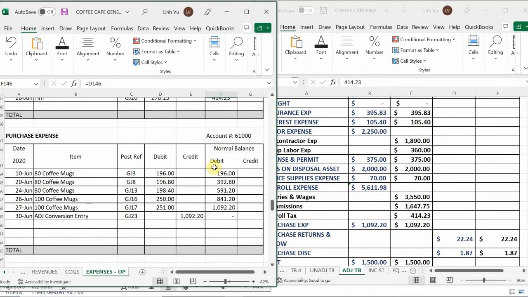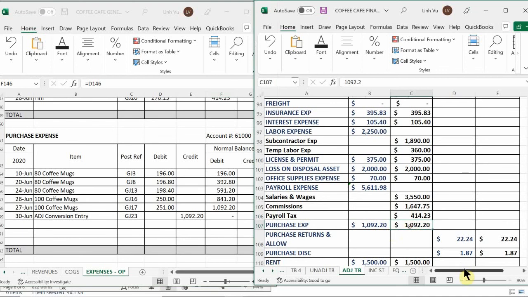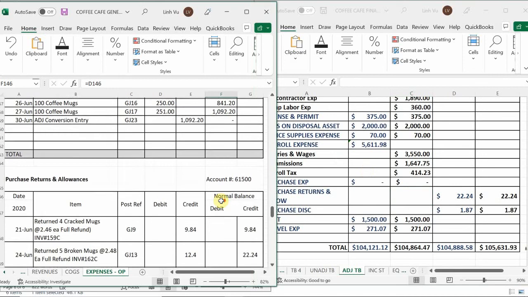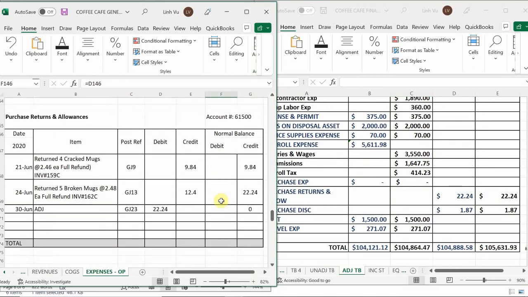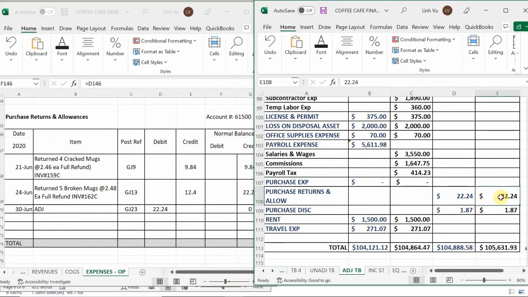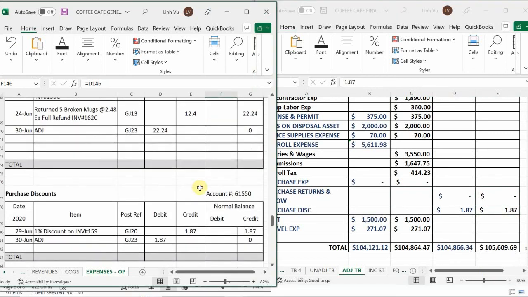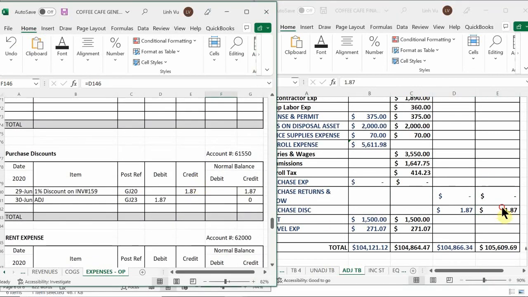Okay. Next one we have here is purchase expense for 0, right? Because we did our conversion entry. So it's zeroed out for my purchase expense. It is also zeroed out for my purchase returns and allowances. And we also have a 0 out for my purchase discounts.